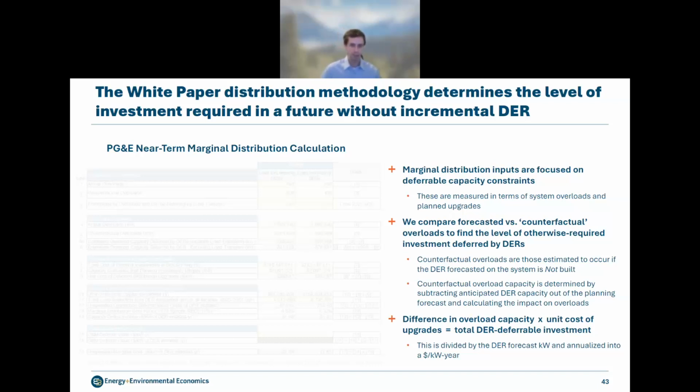And then we divide that number by the forecasted DER capacity to get the dollar per kilowatt and annualize it to again get into a dollar per kilowatt year, that familiar unit, and add in the additional cost factors in the process to end up with, again, that dollar per kilowatt year final value.